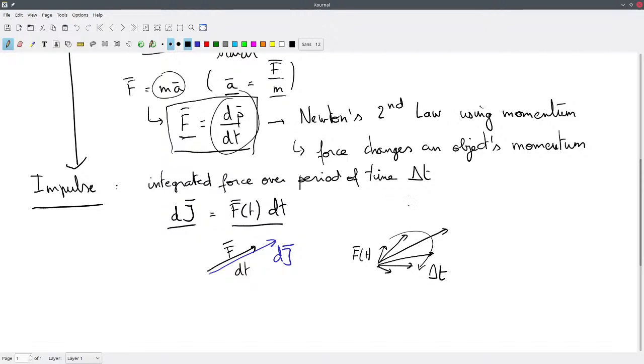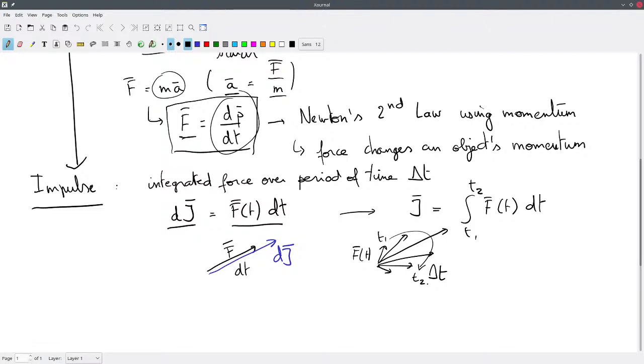The impulse now is going to be the integral of the force as a function of time dt, from time t1 to time t2. Let's imagine we're starting here at t1 and we end up here at t2.